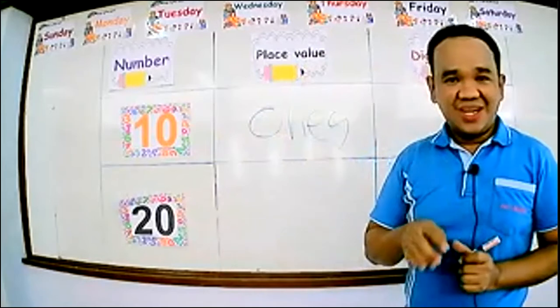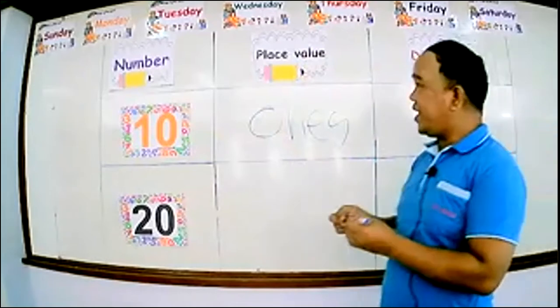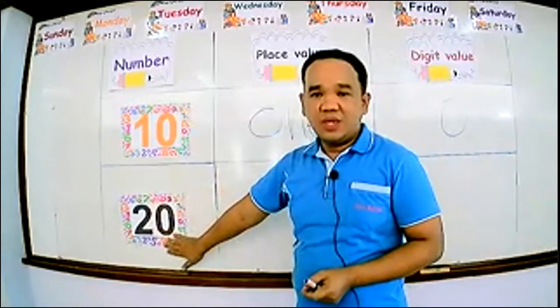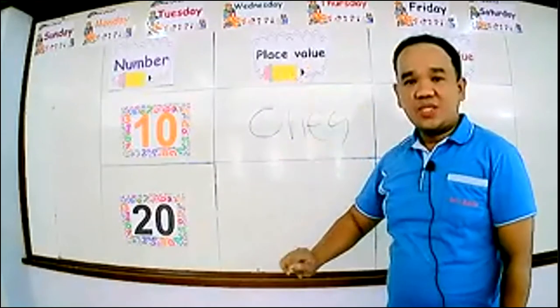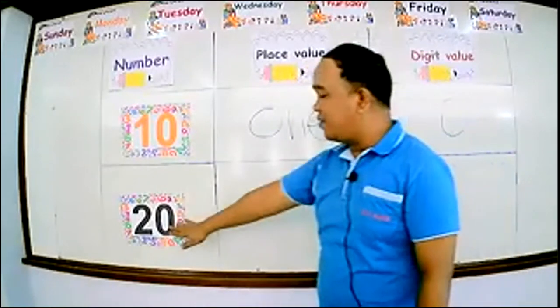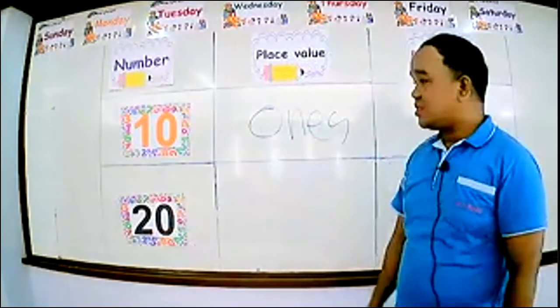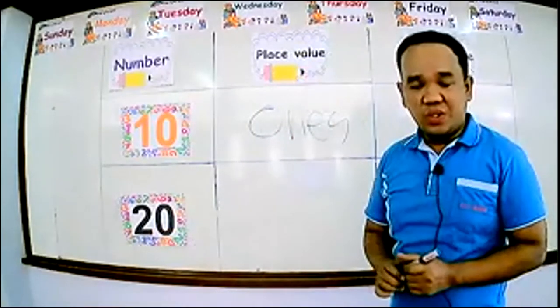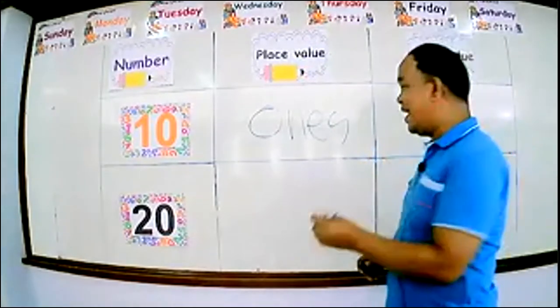That is 0. Very good. Now, here in number 20, what is the place value of 20? Since our underlined number is 2, what is the place value of number 2? Very good. It's tens.